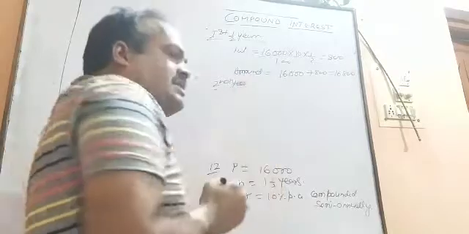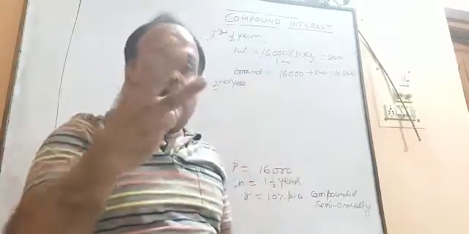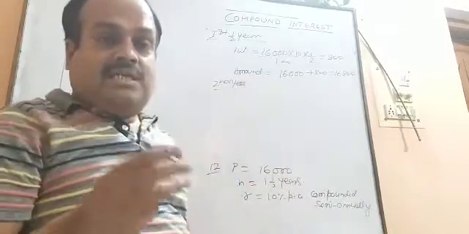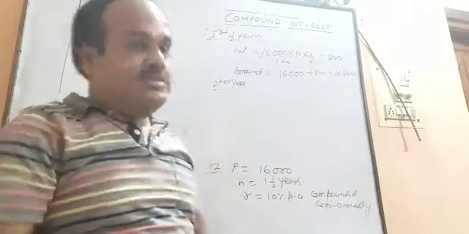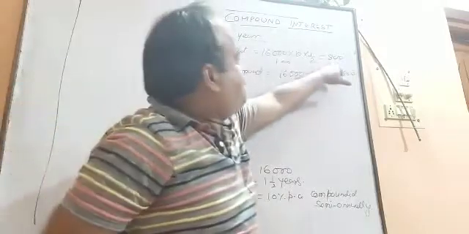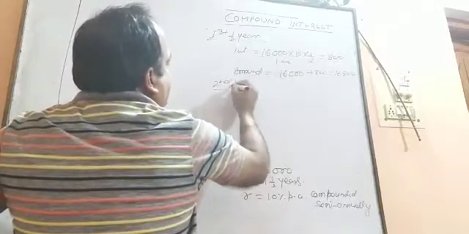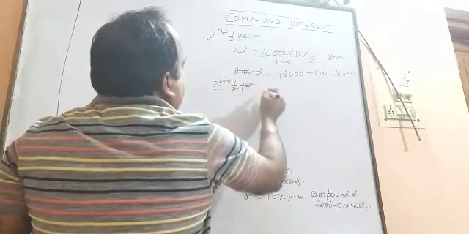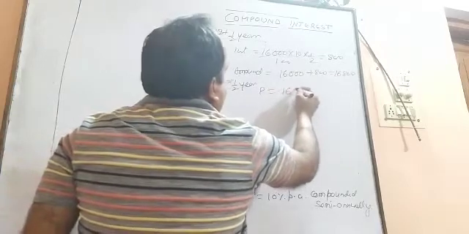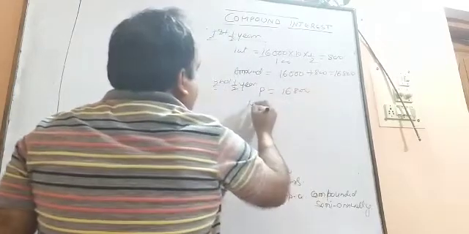Now second half year, as I told you that in 1.5 years there will be 3 half years. So we need to find the interest 3 times. This is first one. Now second half year. Principal will be 16,800.